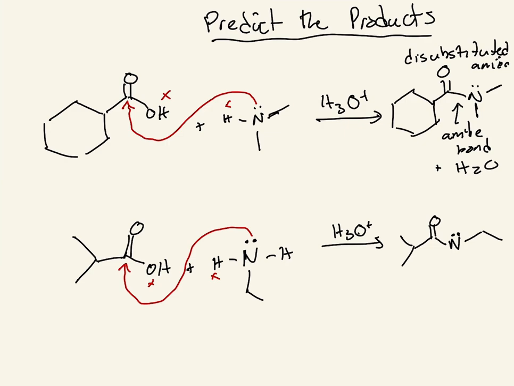That is primary, right? Because we have one R group. So it's a primary amine, which means that one of the spots is going to have to be filled by the other hydrogen, right? And this is also going to have water as a byproduct because that's always a byproduct. And is this mono or disubstituted? Mono. This will be mono because we only have one R group on the possible two positions for the amino side of the amide. So this is monosubstituted.